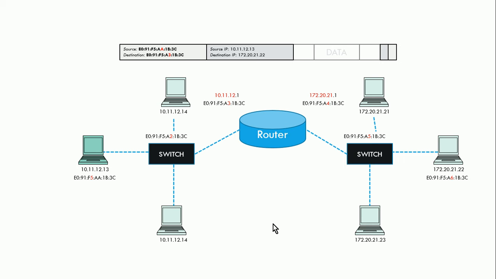So in order to get that letter to Drexel, I at least have to get it into my mailbox. So in this case, if I want to get a packet from my network to someone else's network, the first thing I need to know is how to get to a router that can then pick it up and route it from there. So the first thing I do is I get my traffic through that switch. I tell the switch, take this packet and somehow get it to my router, which I know is 10.11.12.1.